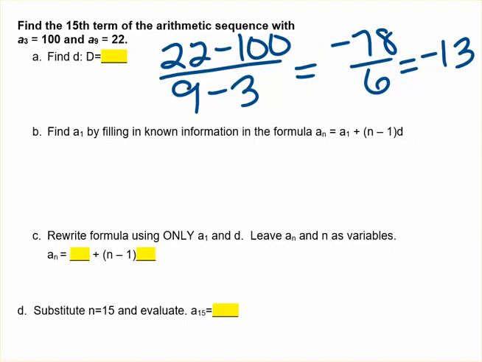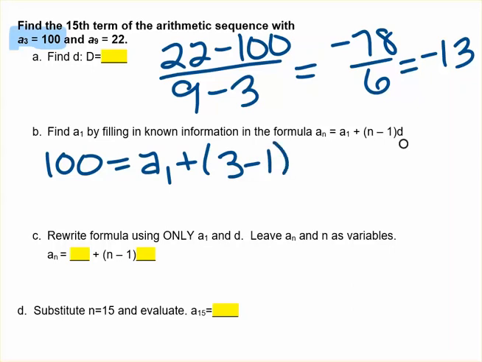Now we don't know what our initial first term was. So we're going to go back into the formula. And in order to find a sub 1, we need another value in there. So I'm going to work with this a sub 3 equals 100. So that's what we're going to put in for a sub n. So 100 will equal a sub 1 plus n, well, that was our third term. So 3 minus 1 times d, which was negative 13.